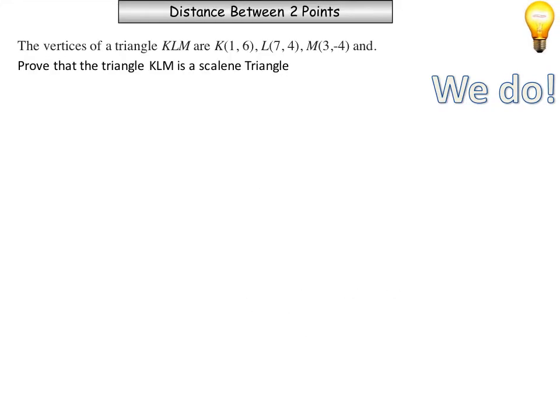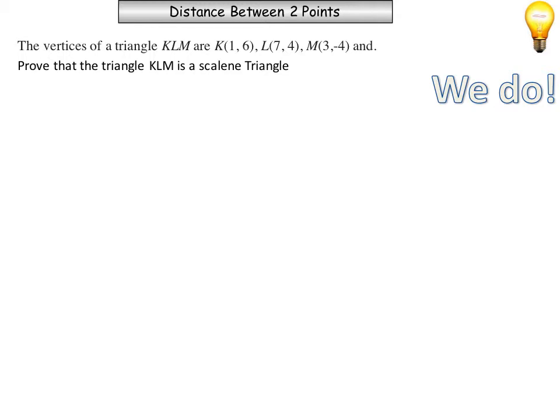In this one we're asked to prove that the triangle KLM is a scalene triangle. Now we've been given the positions of the vertices of that triangle, and so what we now need to do is prove that it is a scalene triangle. So first of all, how do we know if a triangle is a scalene triangle?